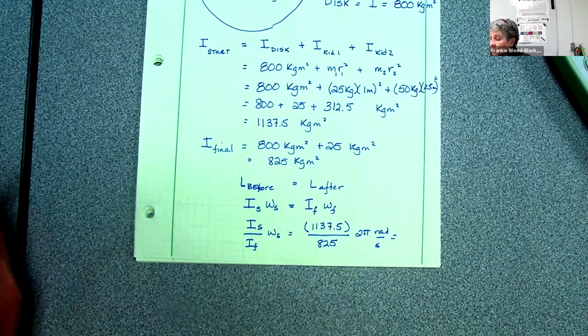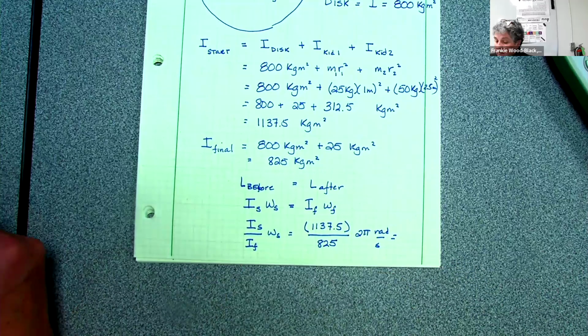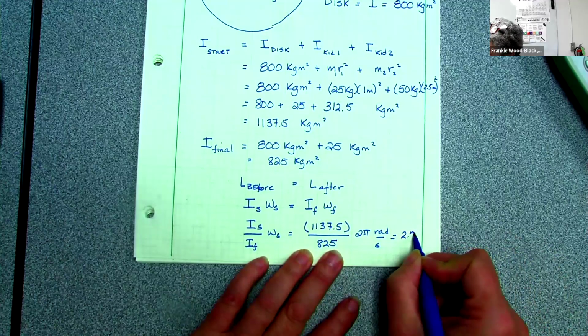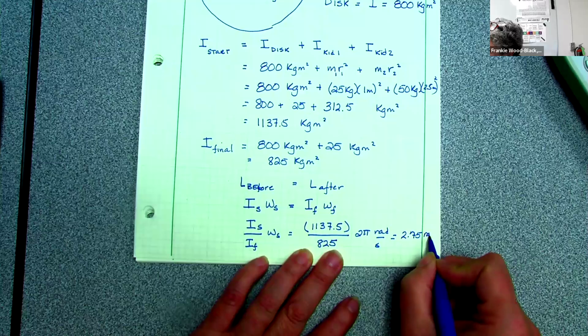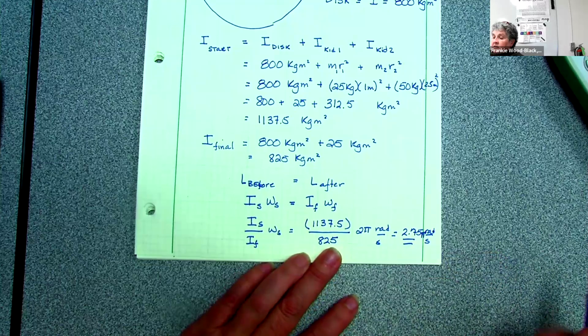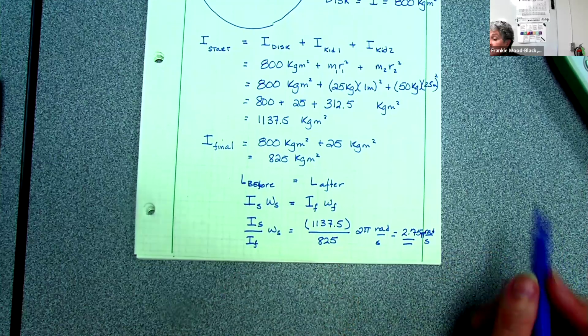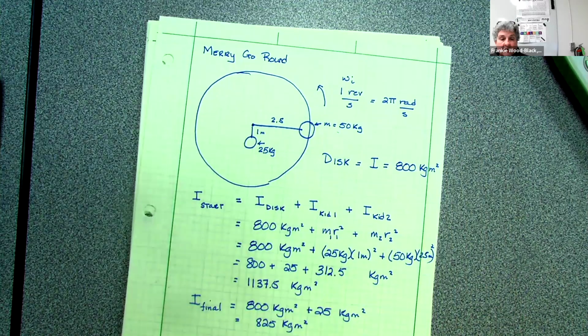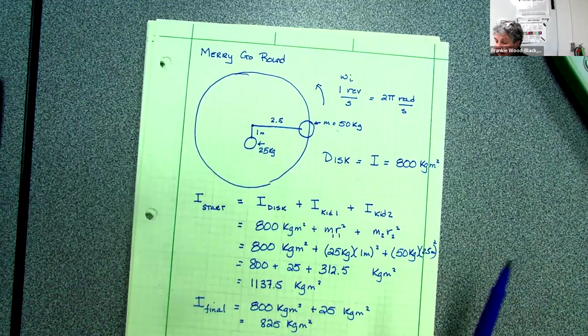So after the kiddo jumps off, we're going to be doing about 2.5 pi radians per second. So it's definitely going to move much faster after this kid comes off.